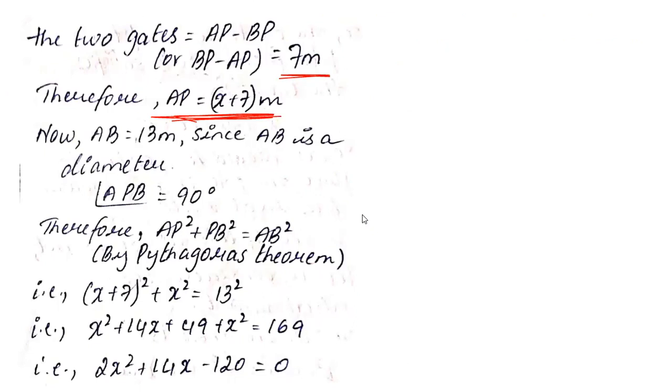Since AB is 13 meters, and since AB is the diameter, angle APB is equal to 90 degrees. So how did you get to know angle APB is 90 degrees? Angle in a semicircle is 90 degrees, or the angle made by the diameter with a point on the circumference is a right angle basically.